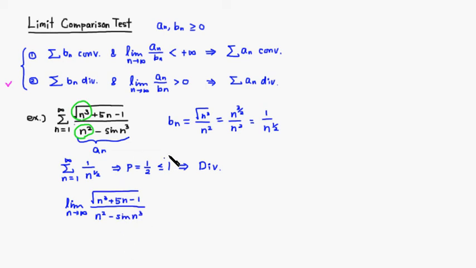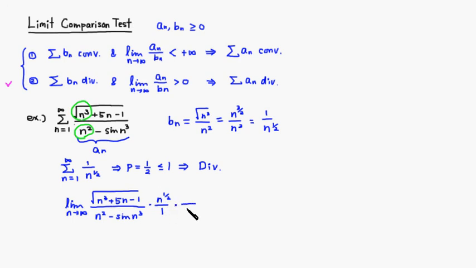Then we have to divide by bn, so dividing by 1 over n to the 1/2 power is multiplying by n to the 1/2 power.